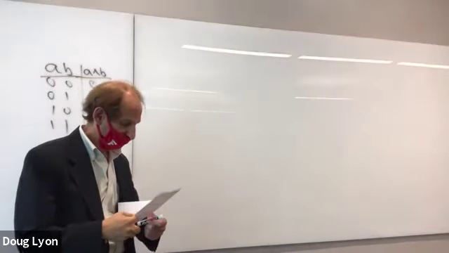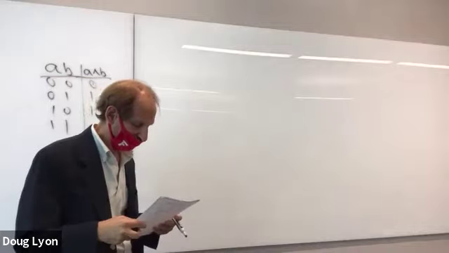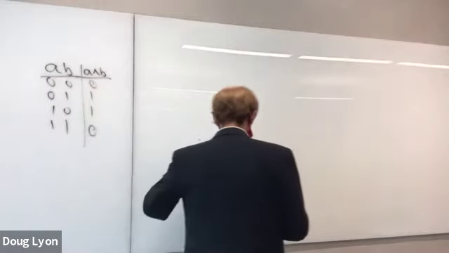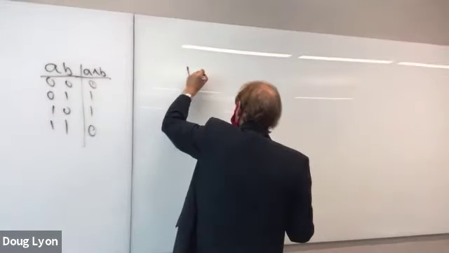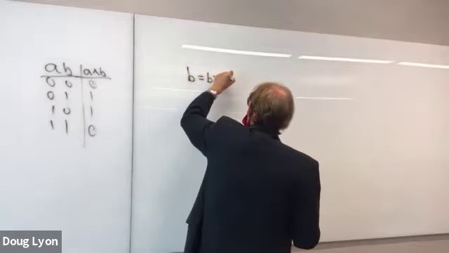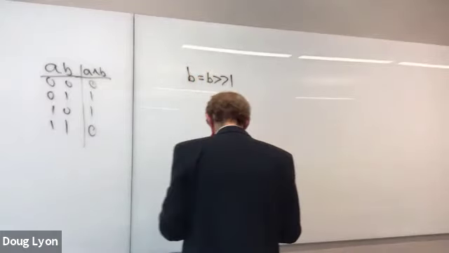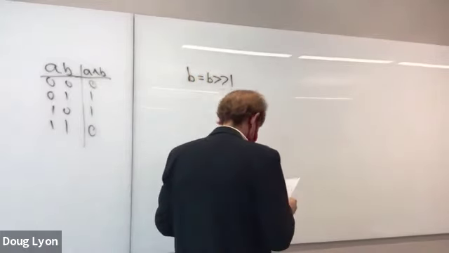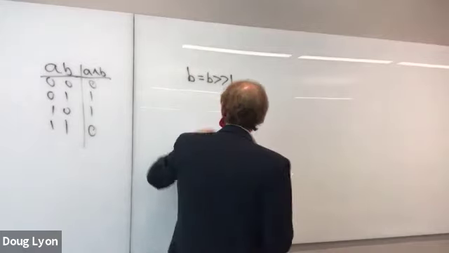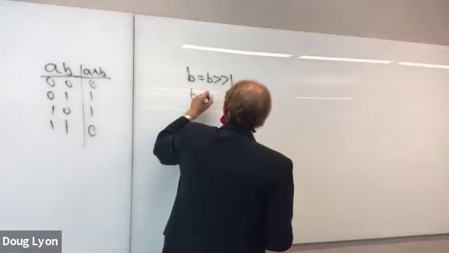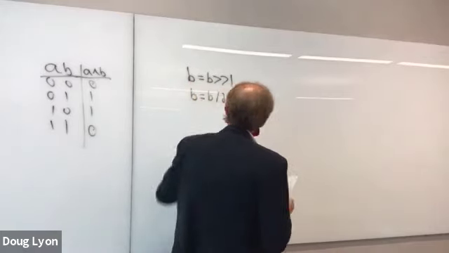Assume B is of type byte. So B equals B shift 1. Will this give the same numerical result as B equals B divided by 2?